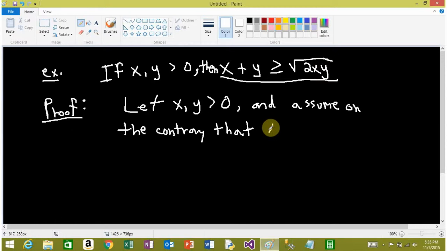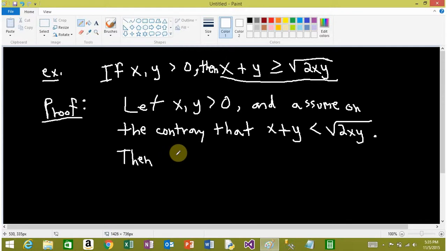So the negation of that would be x plus y is less than the square root of 2xy. So the opposite of greater than or equal to is just strictly less than. And then we're going to use that inequality to get a contradiction.